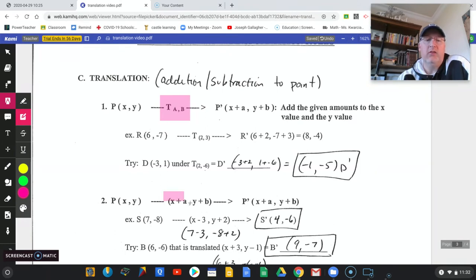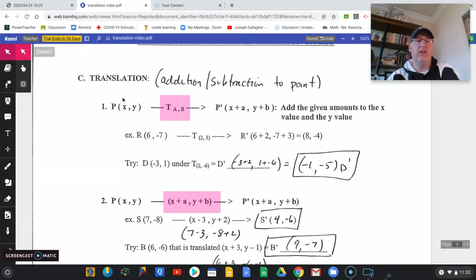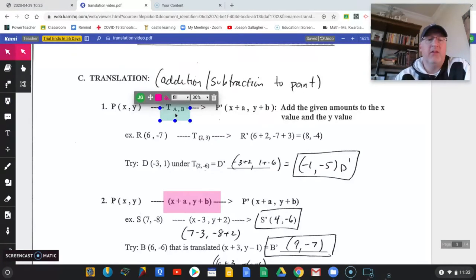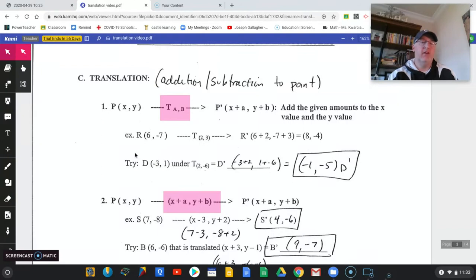Or you might see it written more like an ordered pair, where you have a number plus a number, comma, number plus a number. That gives you the directions to where you're going as well. We're really looking at this in the X direction and Y direction. The first value represents the X value. The second one is the Y. So positive X means right, negative X means left, positive Y means up, negative Y means down. It really tells us how far we're moving.